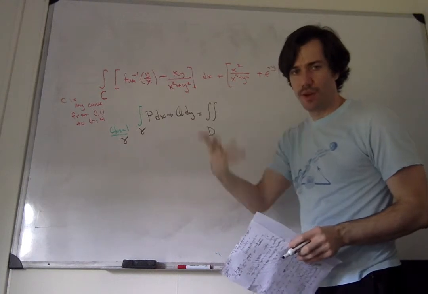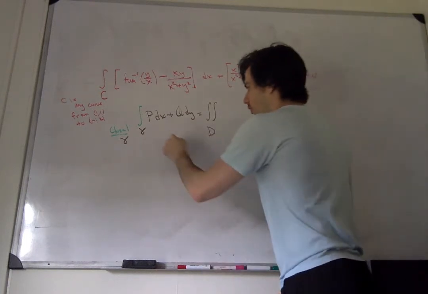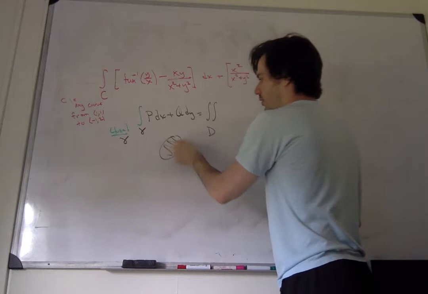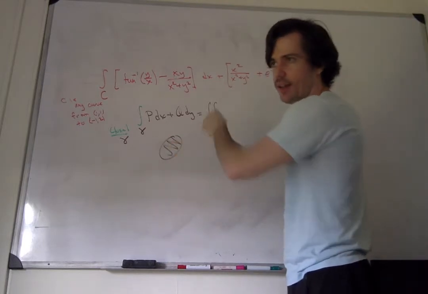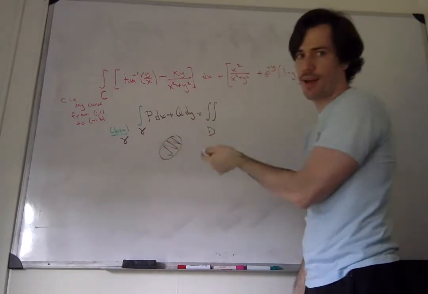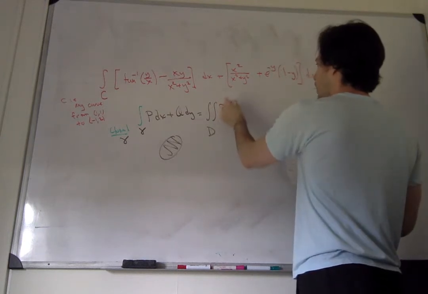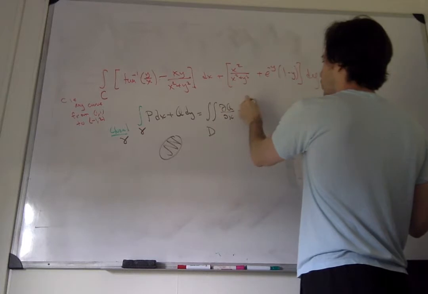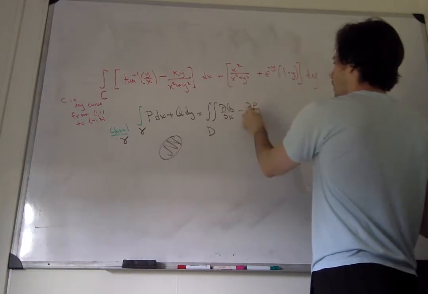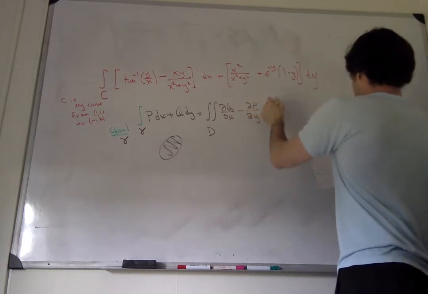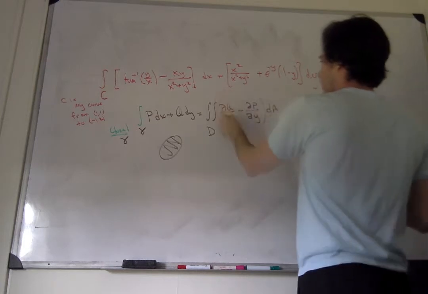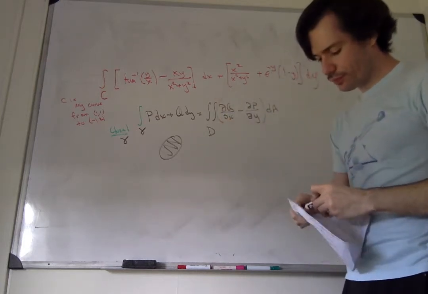So gamma bounds D. Like you have this, the shaded part is D, and the circle around it is gamma. Then the double integral of q by x minus p by y dA.